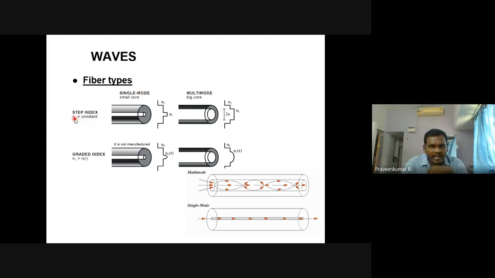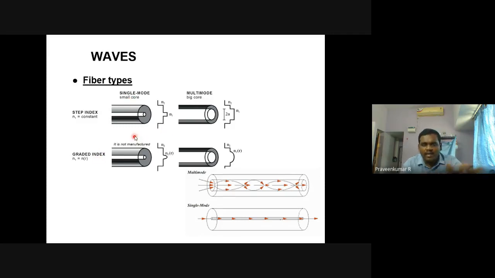You can see here N1 is the constant value for step index. We have two different concepts. You can see this area, this is single mode and multi-mode. Vertically, we have step index and graded index. So we have different combinations: step index single mode and step index multi-mode. Here we have graded index single mode and graded index multi-mode fiber systems.